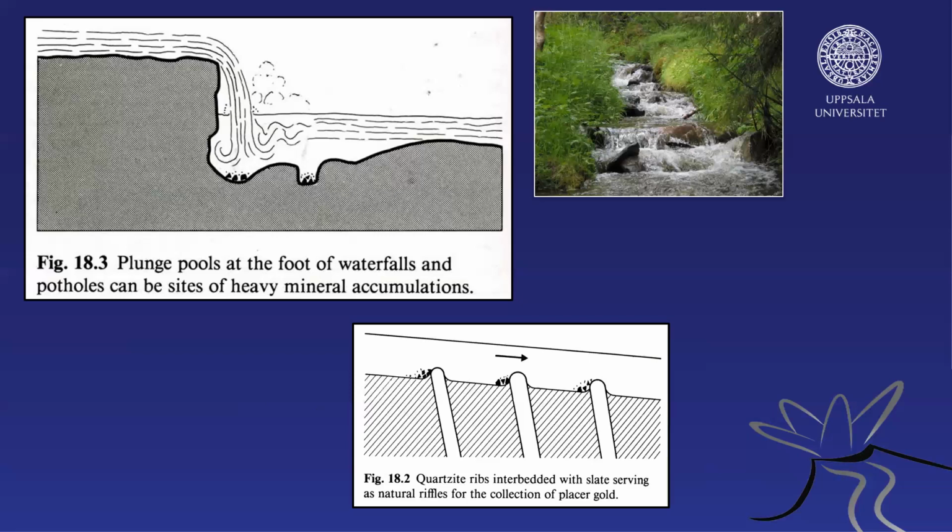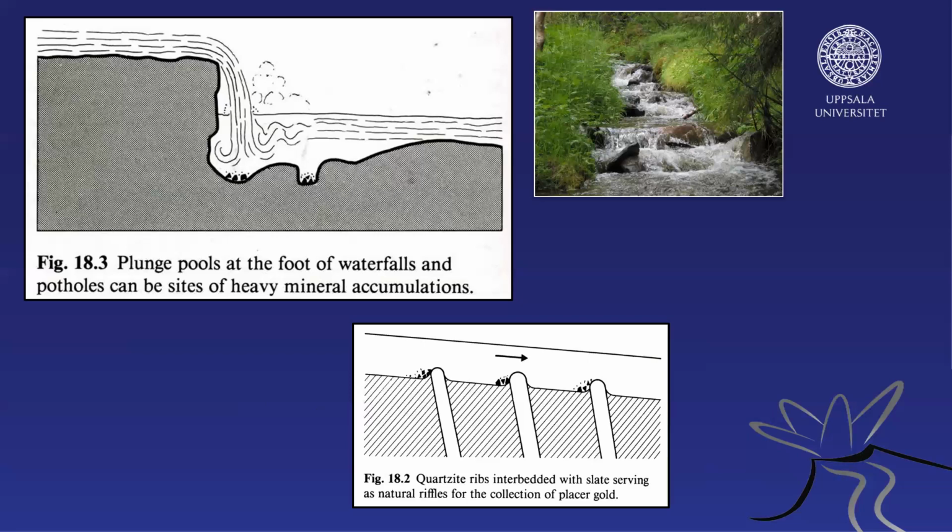So you have to look at basically traps like that in streams or paleo streams to check if you have any placer.